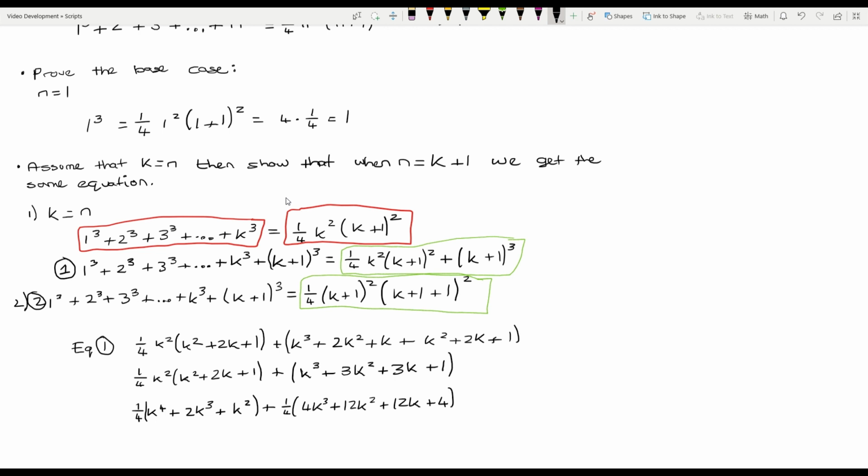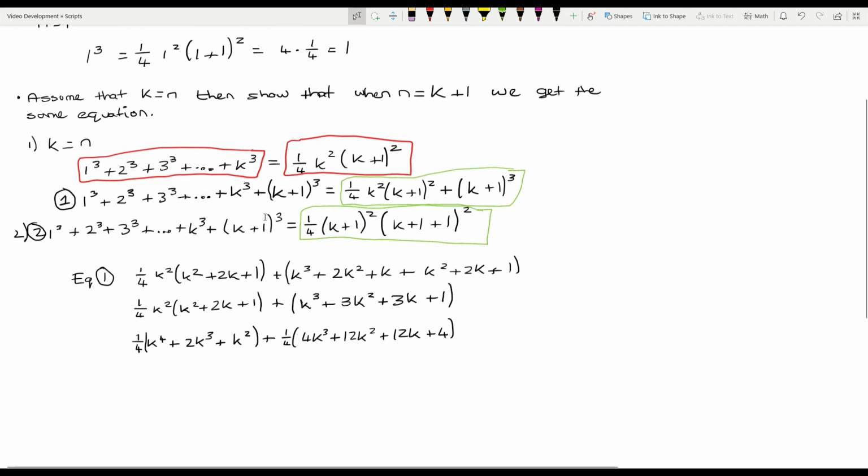And now we can add both parts together. And this makes a quarter of (k to the 4 plus 6k cubed plus 13k squared plus 12k plus 4).